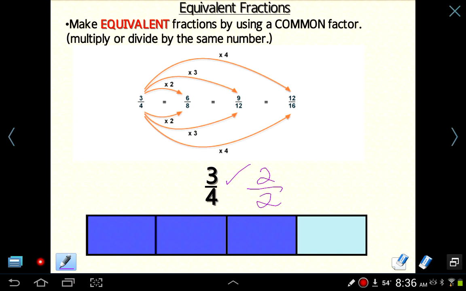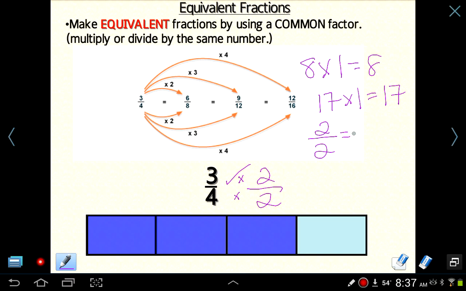I know we haven't gotten into multiplying fractions yet, but it doesn't hurt to say that when you multiply the top and the bottom by 2, you're basically multiplying by 1. And what's anything times 1? 8 times 1 is 8. 17 times 1 is 17. So when you multiply by 2 over 2, 2 over 2 equals 1. 3 over 3 equals 1.